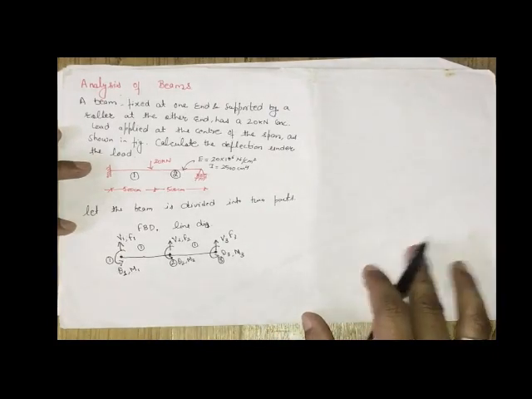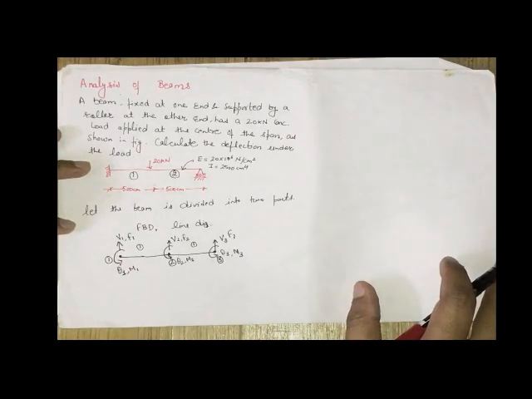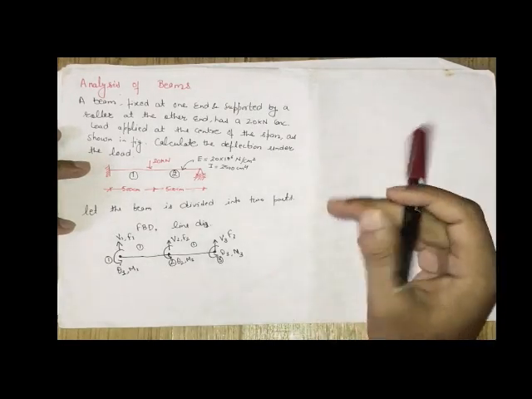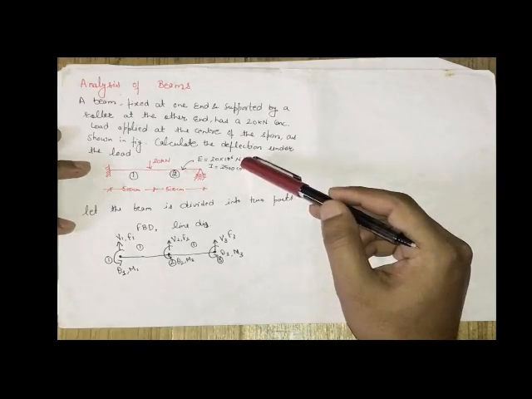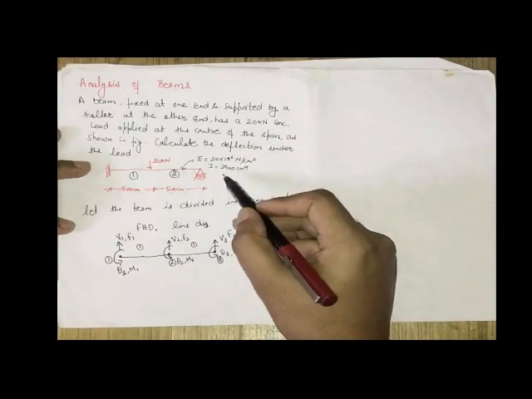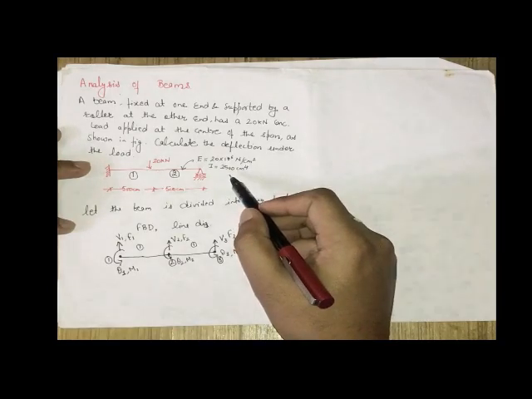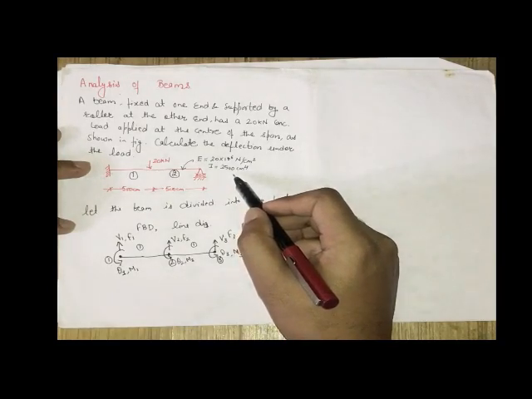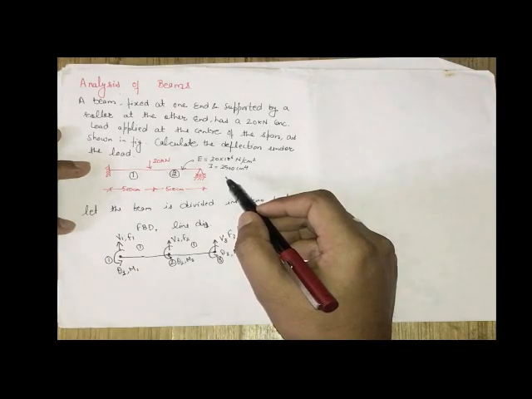After that we calculate. In the question, the modulus is given as 20 into 10 raised to power 6, and I is the moment of inertia. They will give the cross section of the beam.